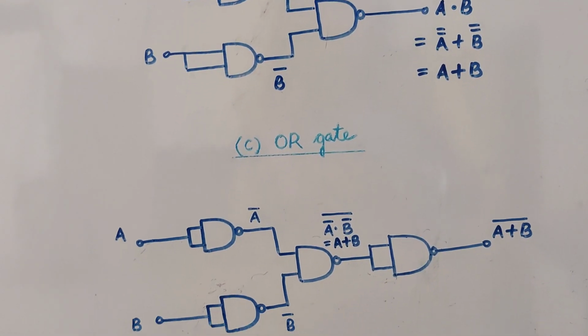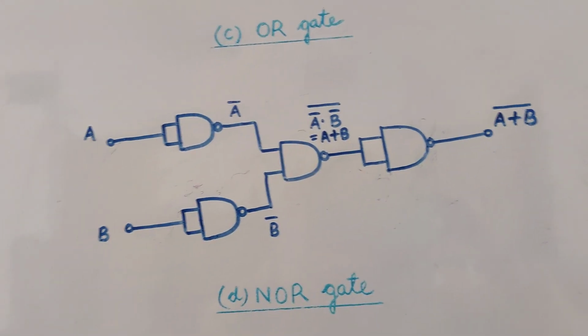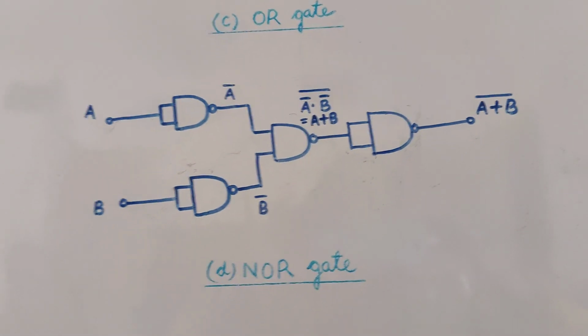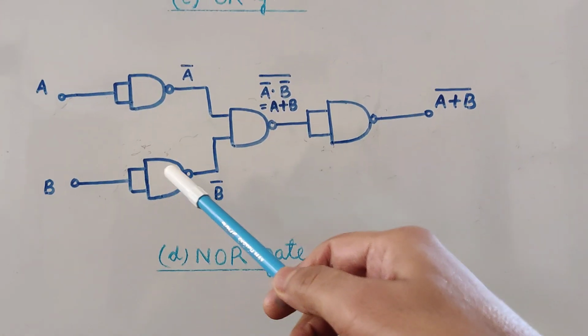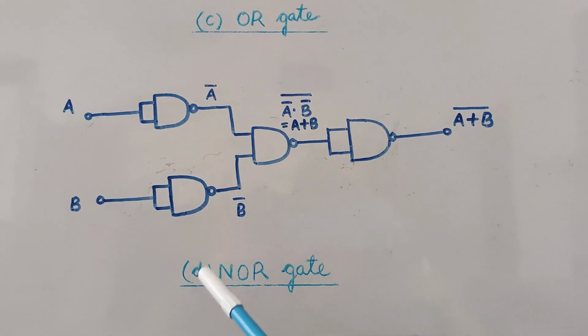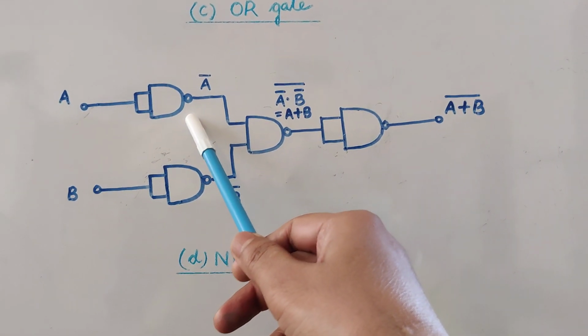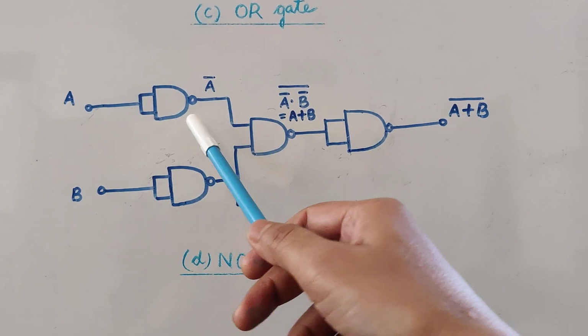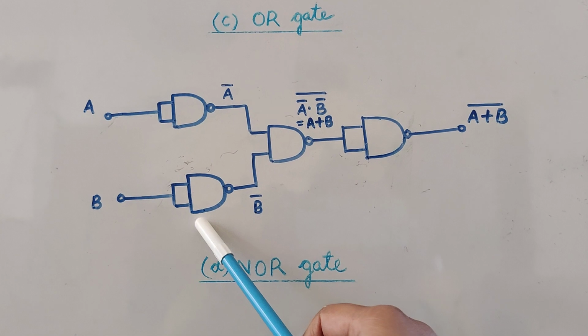Now let us see how we can implement a NOR gate with the help of NAND gates. As you can see in figure D, we have taken 4 NAND gates to implement a NOR gate. We have given the input A to both the inputs of the first NAND gate, and similarly we have given the input B to the second NAND gate.